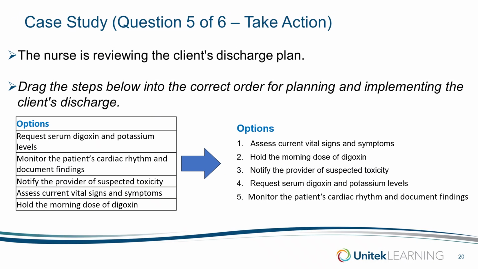In finding the correct order in a question like this, always begin with a focused assessment, then prevent further harm by holding the medication, escalate the care that is needed, gather diagnostic data, and then provide ongoing monitoring for the patient. Remember that you need to do first things first and be able to take several actions in order.